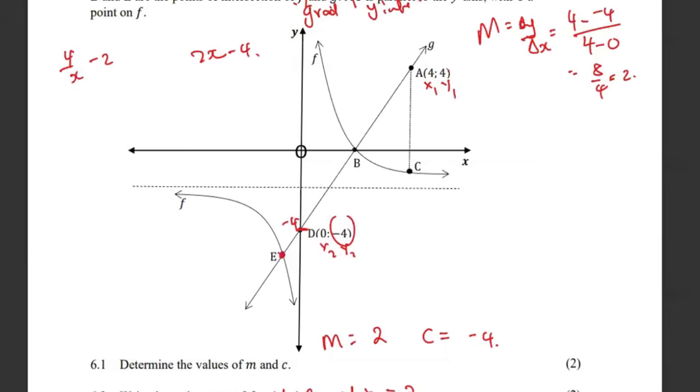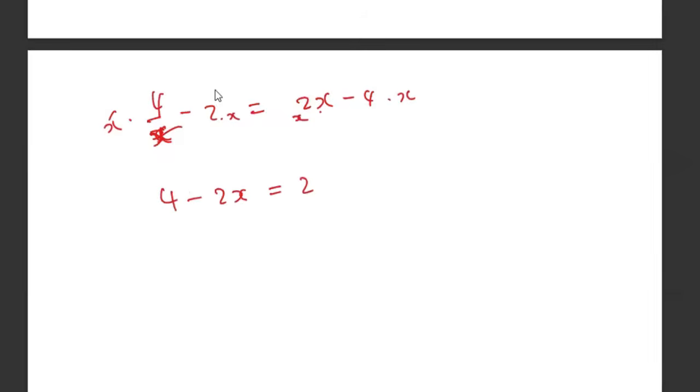So let me jot it down this side. We are saying 4 over x minus 2 is equal to 2x minus 4. Step number 1, get rid of this x, multiply through by x. So times x, times x, times x, times x. This cancels that. It's going to be 4 minus 2x equals 2x squared minus 4x.